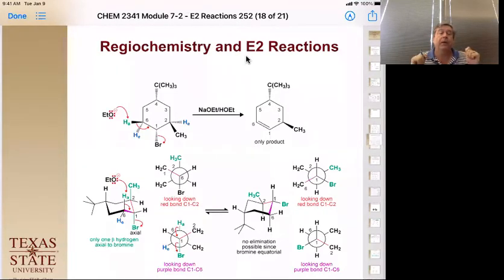So in this case, we might actually not necessarily follow Zaitsev's rule because we cannot get into the conformation that would give us the more substituted alkene. But we know this because by drawing out our Fischer diagram, we'll know which configuration we have our hydrogen opposite. Okay, so let's take this for example here.